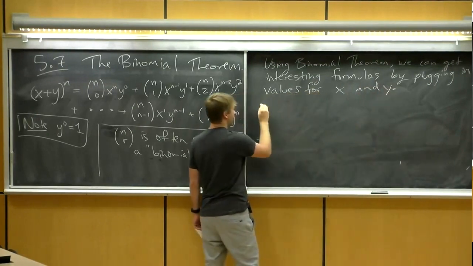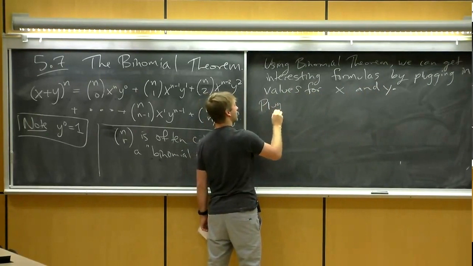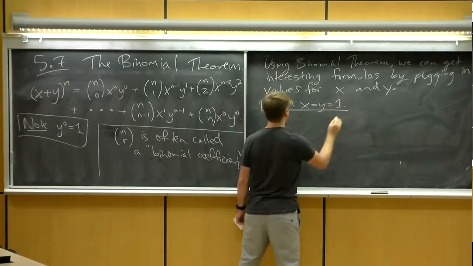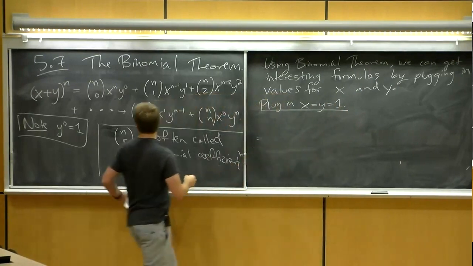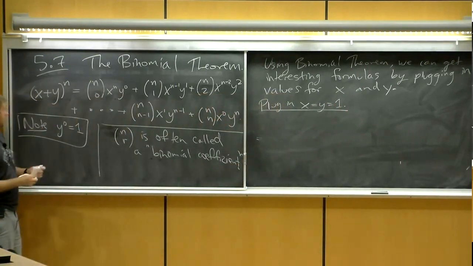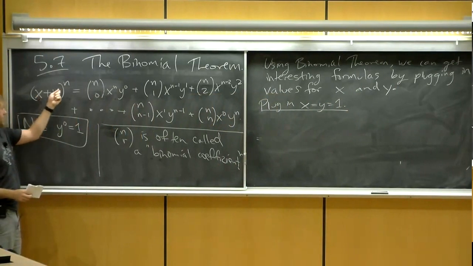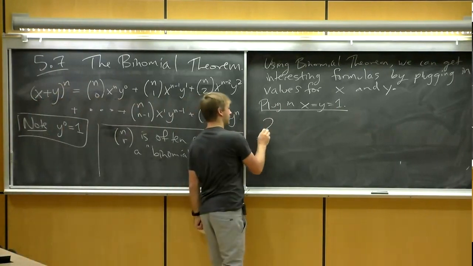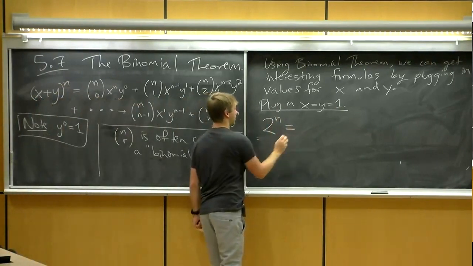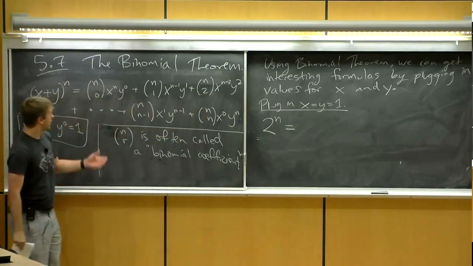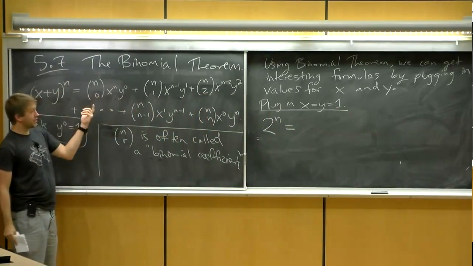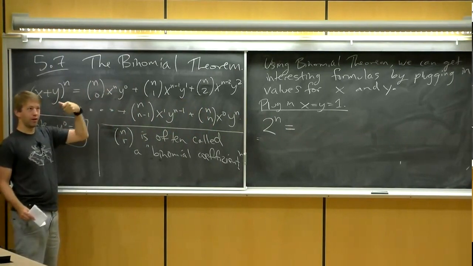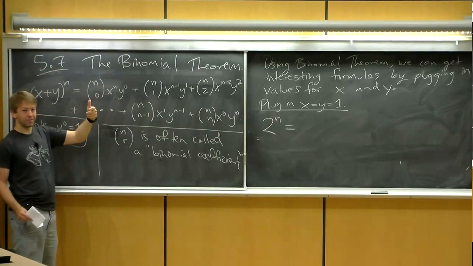So for example, what if we plug in x equals y equals 1? The left side is going to be 1 plus 1 to the power n, so it's 2 to the n. If I plug in a 1 for x, 1 to the power of anything is 1, right?